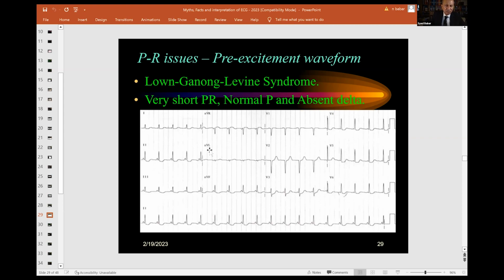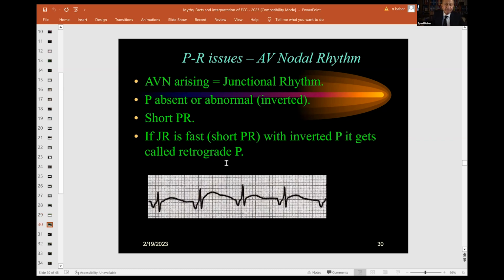Same applies here. So you could actually see the entire 12-lead ECG, and this is normal, of course. When there is action potential produced directly from the AV node, then there is no P wave, which would be from the sinoatrial node along the atrial muscle to the AV node.